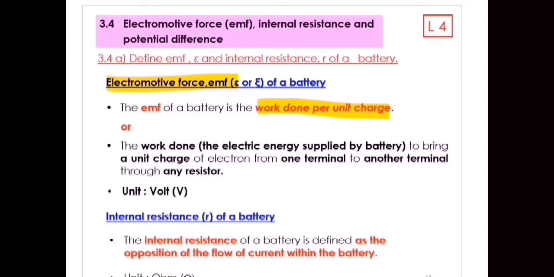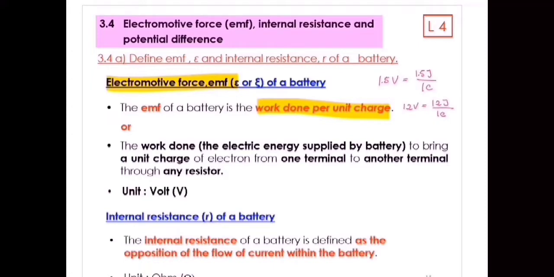For example, if the battery is labeled as 1.5 volts, it is actually 1.5 joules of work being done per 1 coulomb. It would be the same if it's 12 volts: 12 joules of work being done per 1 coulomb, so it's 12 joules over 1 coulomb.